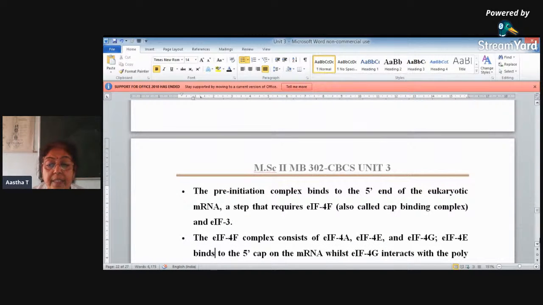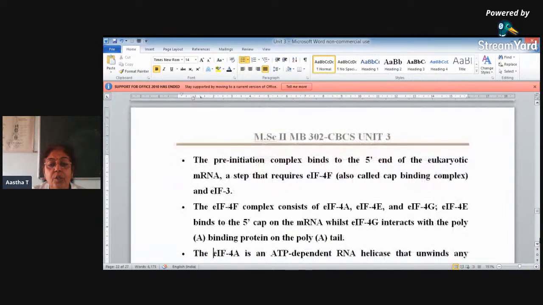This is also known as the cap binding complex. Then initiation factor 4F complex consists of initiation factor 4A, 4E and 4G. Initiation factor 4E first binds to the 5' region of the cap, while initiation factor 4G interacts with the poly A tail by binding to the poly A tail.